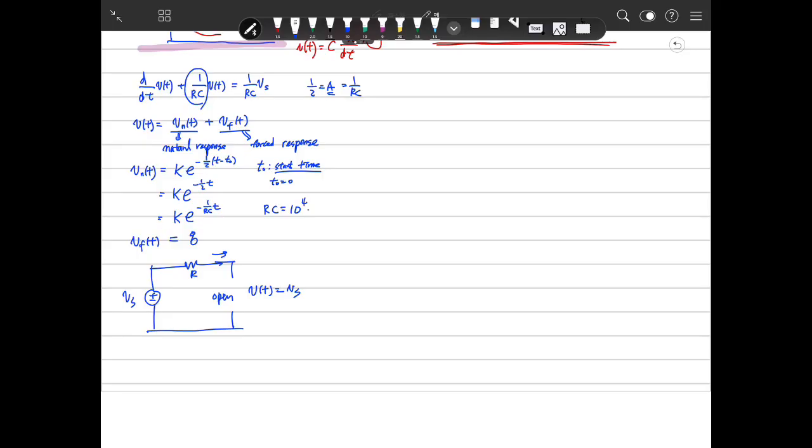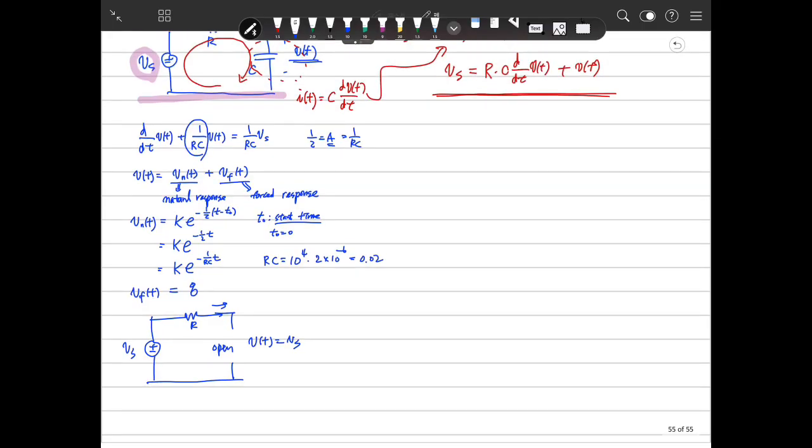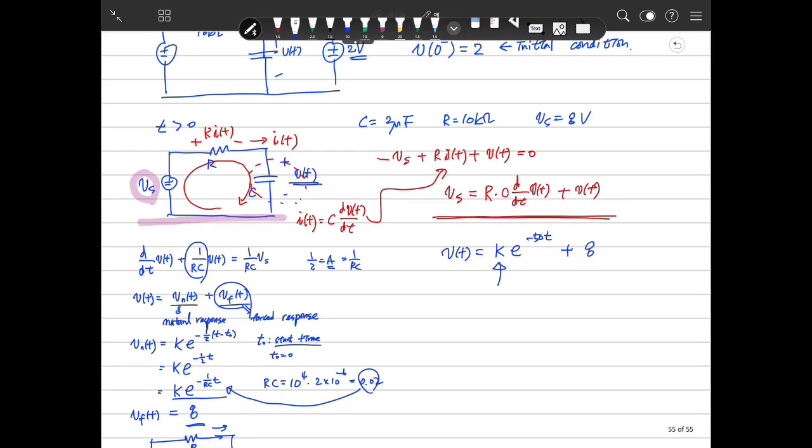R is 10 kilo ohms and C is 2 micro farads. Then there is 0.02. So here we get the Vt is, VN is K exponential minus 50t plus VF, which was 8. The only thing we have to know is K. The K can be obtained using the initial condition.